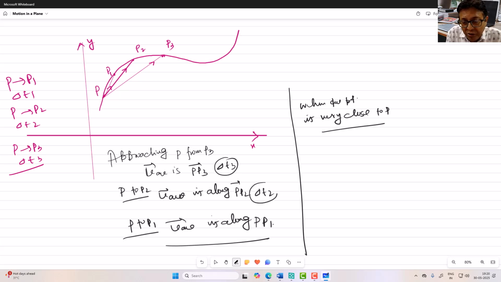Delta t2 is also large. Delta t1 is large but smaller than these two. I mean, delta t1 is smaller than delta t2, which is smaller than delta t3.